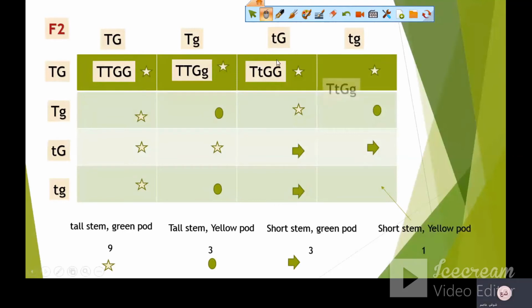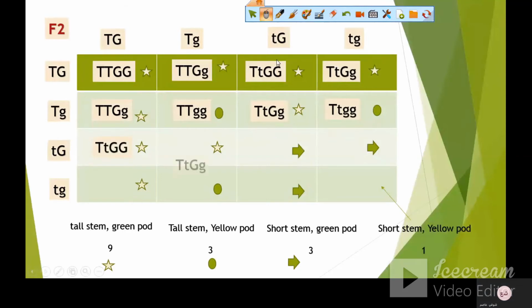The fourth one, T capital, T small, G capital, G small, and so on. You can complete the table by yourself.